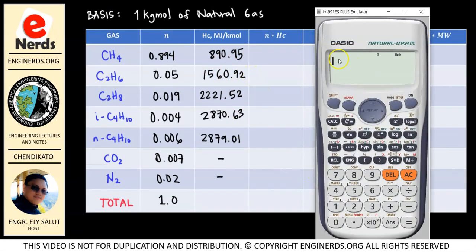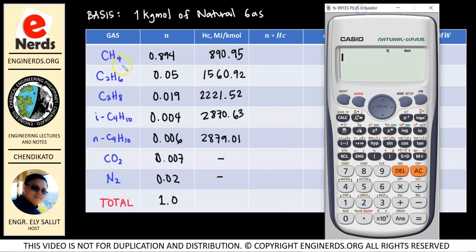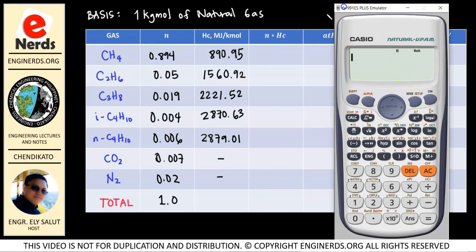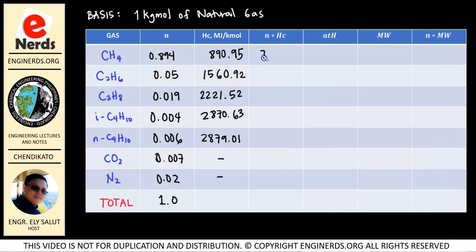So, again, let us use our calculator. Unahin natin itong nasa taas. 0.894 times 890.95 is equal to 796.51. So, I'll write it here.